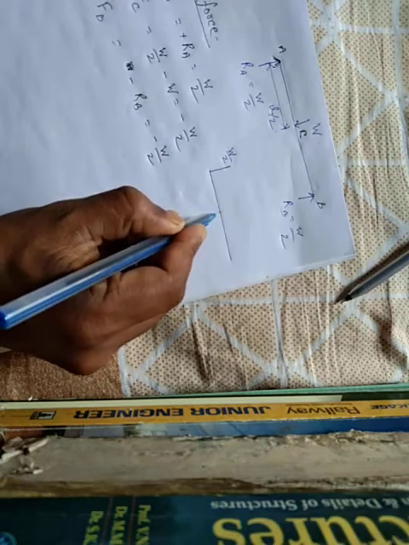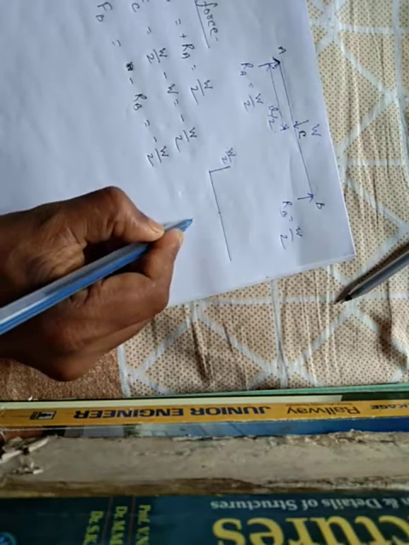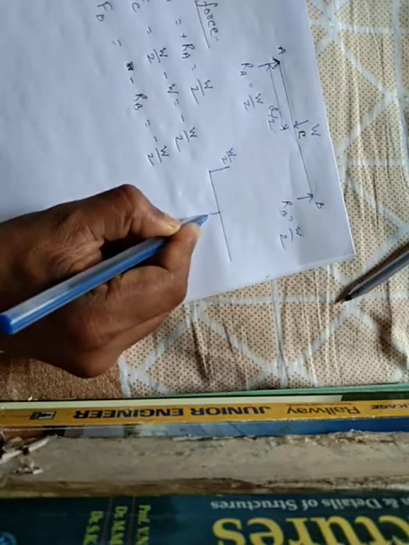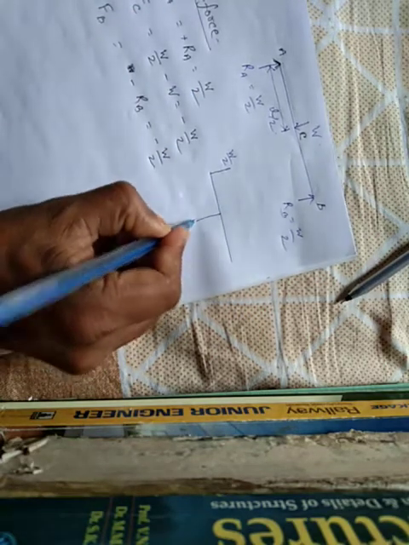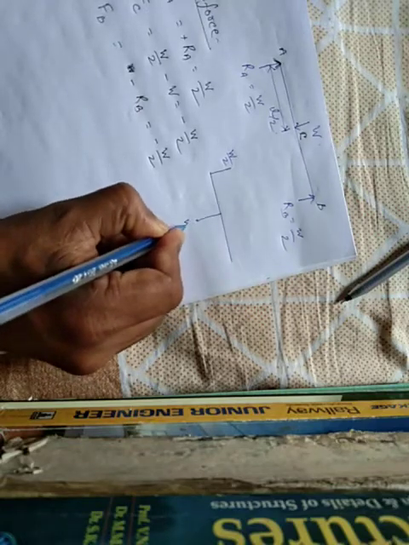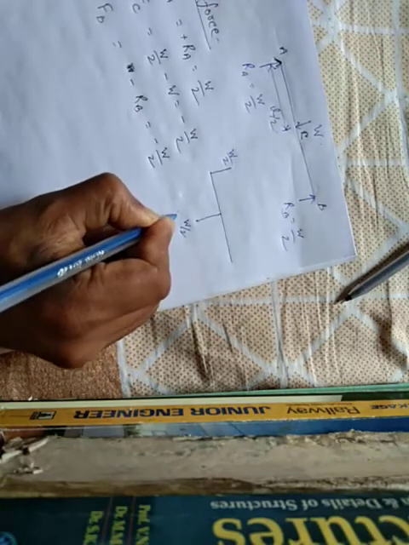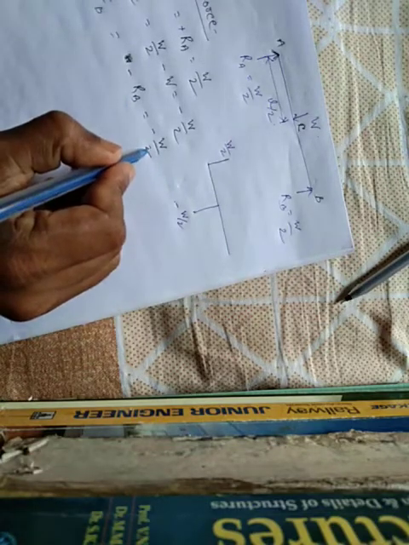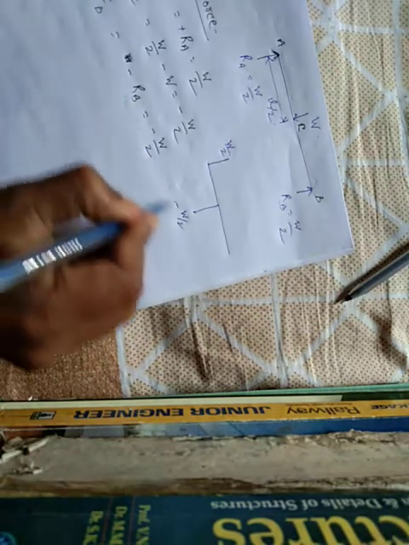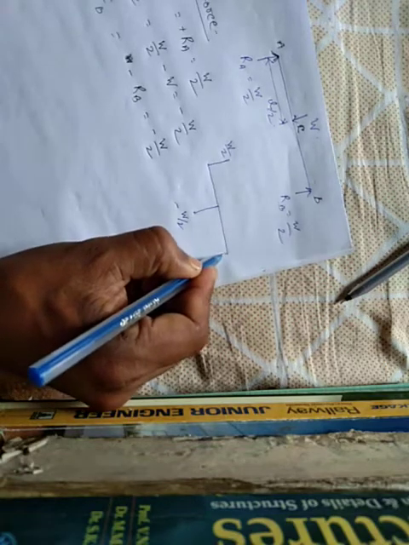It is a constant value, minus W by 2. Is it linear? No. It is a constant value. And shear force at point B is also minus W by 2.